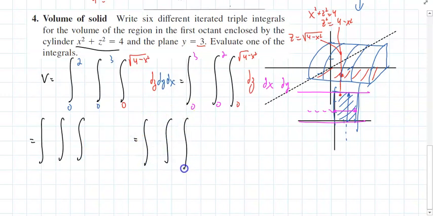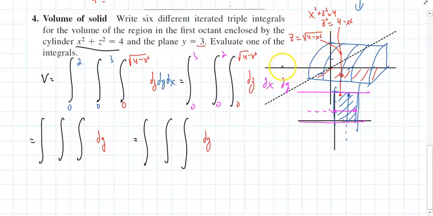Leaving some space for the graph. I could have looked at this first in the direction of y. Now I'm looking at this from negative, oops, that's x, forgive me.